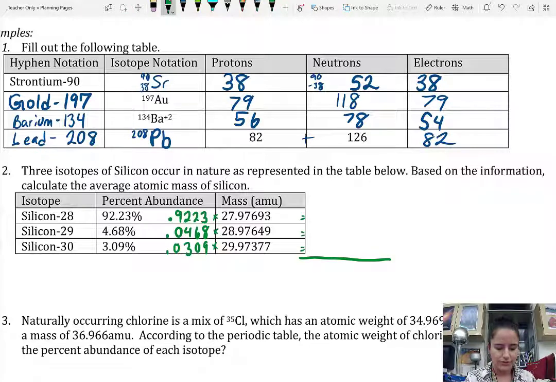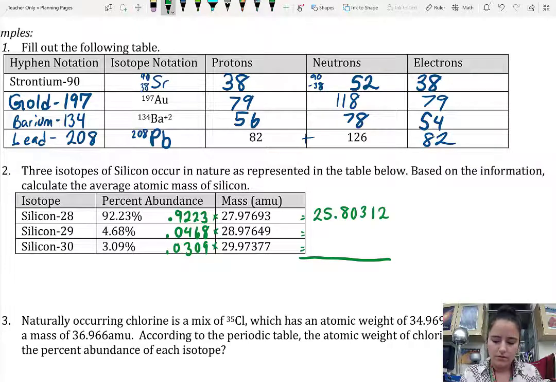So 0.9223 times 27.97693 gives me 25.8031.